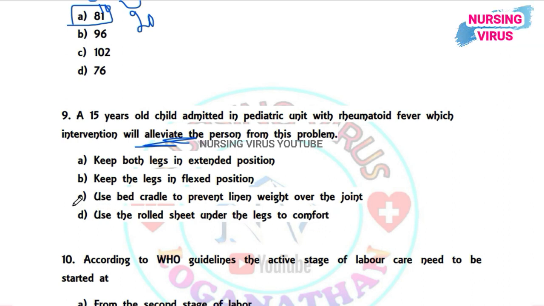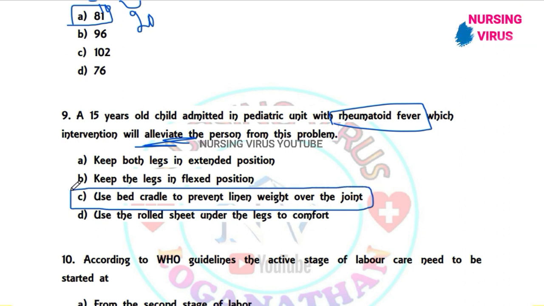Commonly, anything which is covering the joints of the patients should be avoided in rheumatoid patients. So using the bed cradle will be the best remedy for alleviating the patient from this problem. So option C is the correct one.